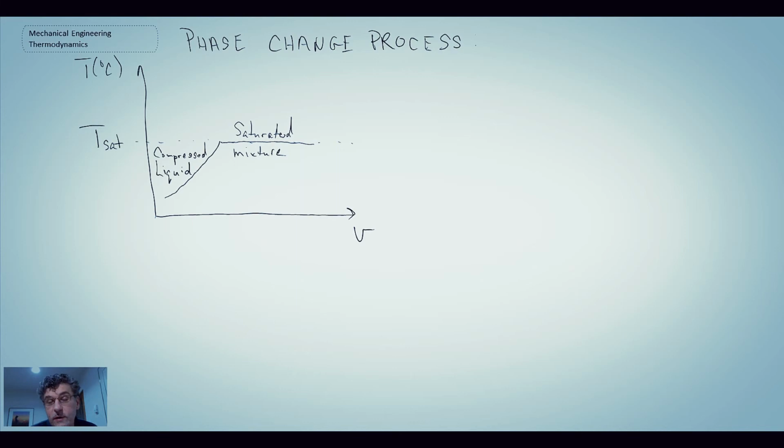And during going through that phase change, we have a mixture of both liquid as well as vapor within the system. And then we go up into the superheated vapor region, where you no longer have a liquid, all you have is vapor.